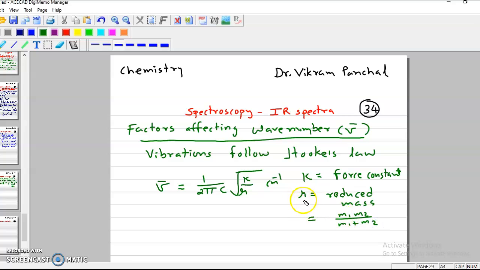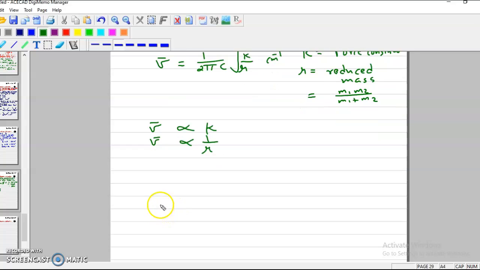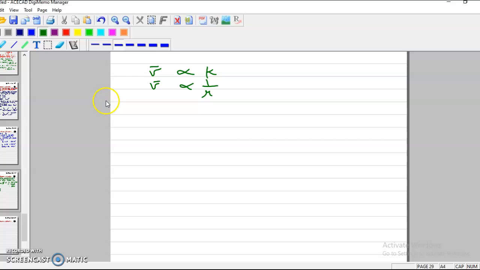This has nothing to do with dipole moment, remember this. Okay, so here mu is equal to reduced mass. So if we observe these equations, then we will see that wave number is directly proportional to k, that is force constant, and wave number is inversely proportional to reduced mass. So first of all, we will see the factor mass.